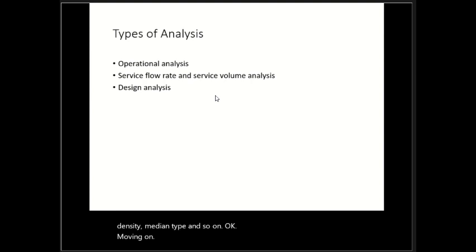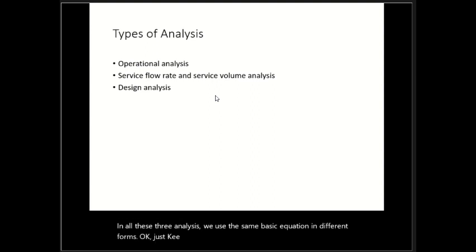Okay, moving on. What are the types of analysis which we can do using the level of service concept? There are three types of analysis. First one, operational analysis. The second one, service flow rate and service volume analysis. And the third one, design analysis. In all these three analyses, we use the same basic equation in different forms. Just keep this in mind.